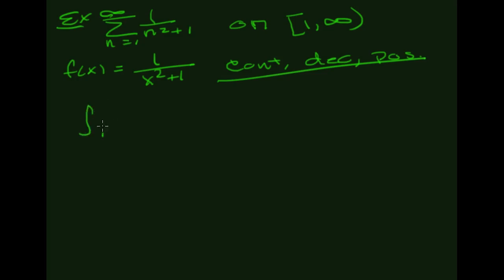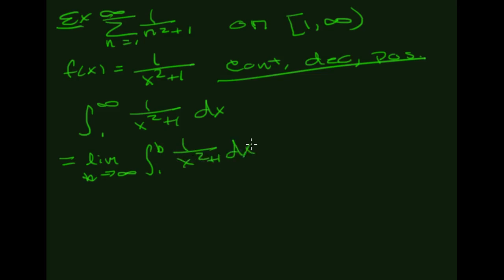So let's take the integral from 1 to infinity of 1 over x squared plus 1 dx, right? All right, so this is an improper integral, so I have to take the limit as b approaches infinity of the integral from 1 to b of 1 over x squared plus 1 dx. Okay, so that integral happens to be the inverse tangent.